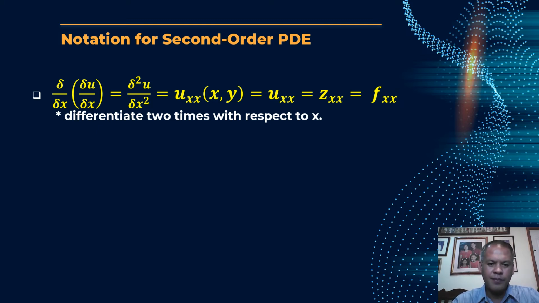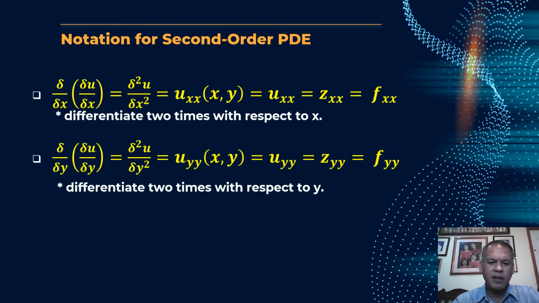When we have del over del x of del u over del x, this is the same as del squared u over del x squared, which is also equivalent to u sub xx of xy, or u sub xx, or z sub xx, or f sub xx. So when we say f sub xx, this means we differentiate 2 times with respect to x.